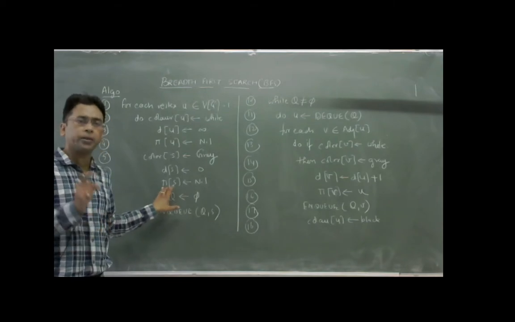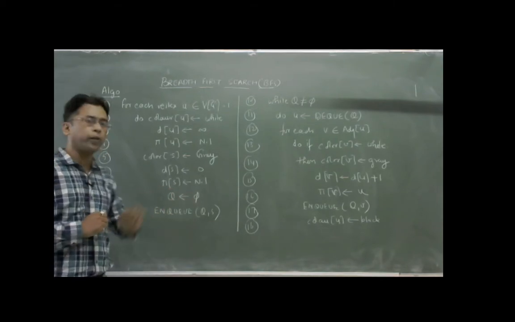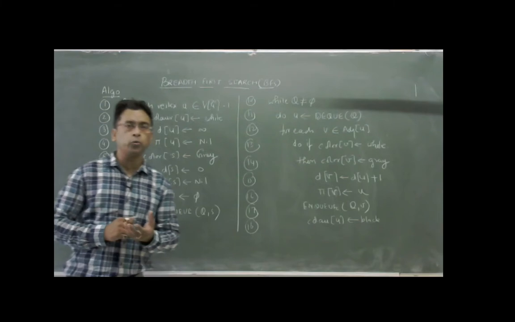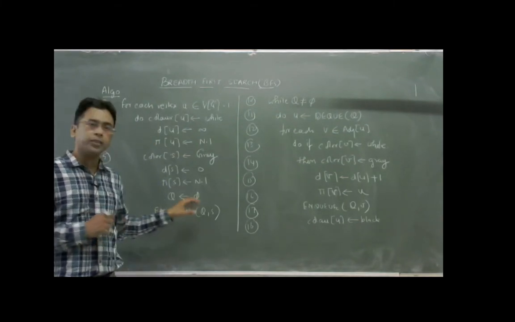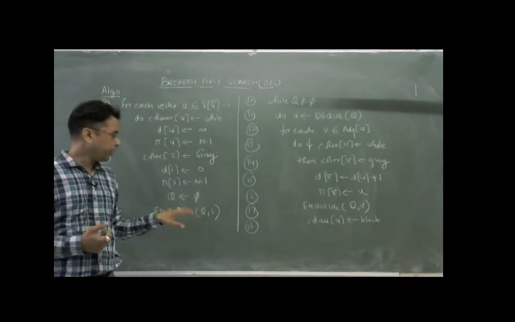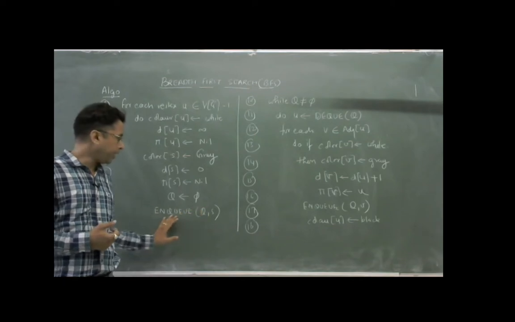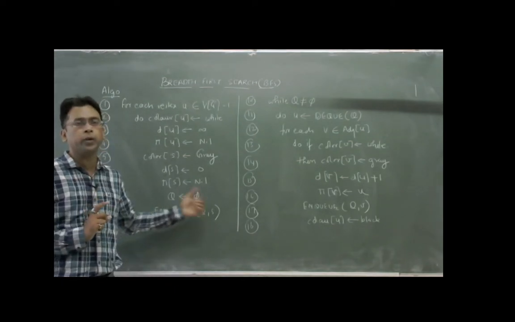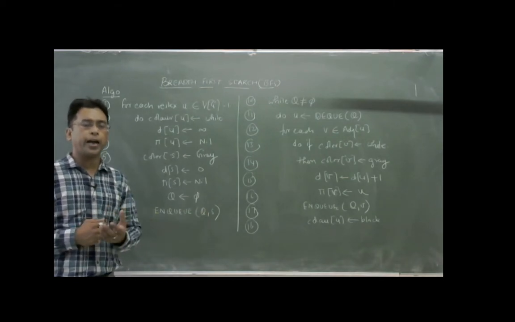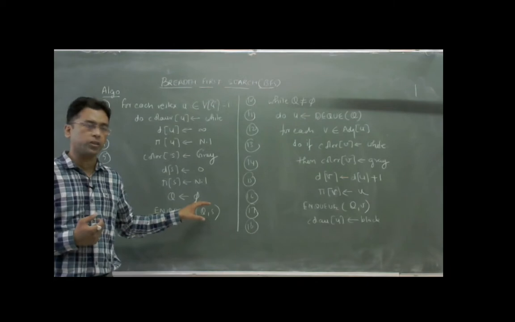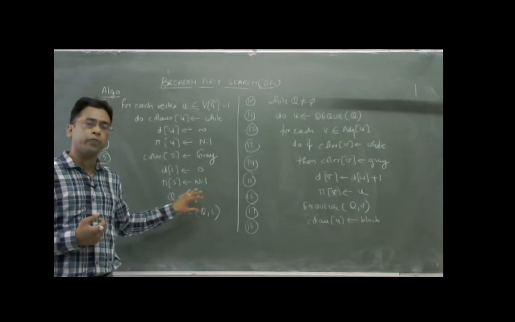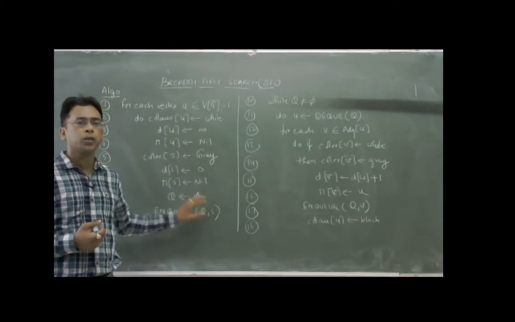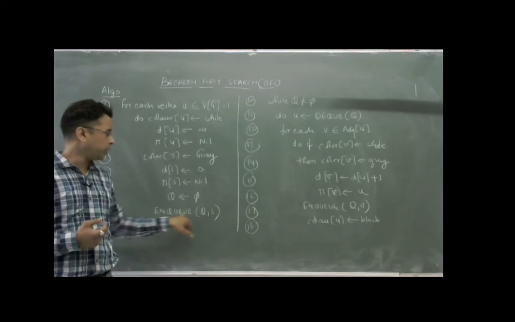Pi represents the predecessor, and Q is set to phi, that is, you start with an empty set Q, and I shall explain you what you do in this set. You start with an empty set, and first you put the first element s into it. Basically here we are using a queue data structure. The first node from where we start is placed in the queue, and so we use the enqueue operation.